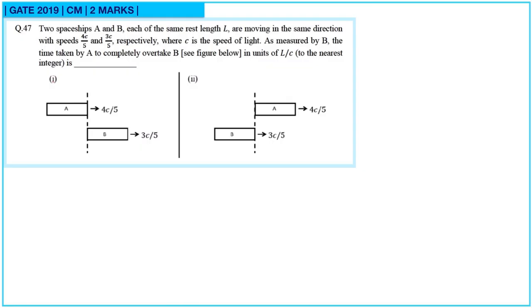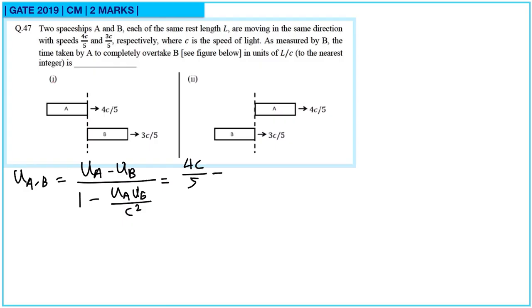Let's first calculate the relative velocity. So the relative velocity of A with respect to B is equal to UA minus UB upon 1 minus UA UB upon c square, and these values are given. So this is 4c by 5 minus 3c by 5 upon 1 minus 4 by 5 into 3 by 5.